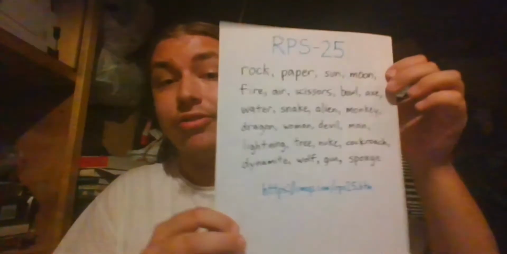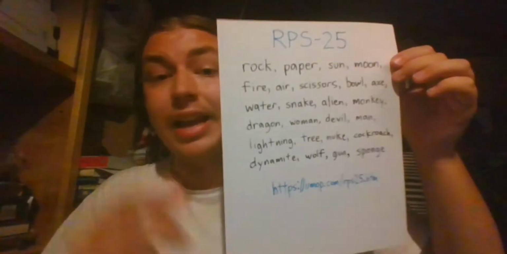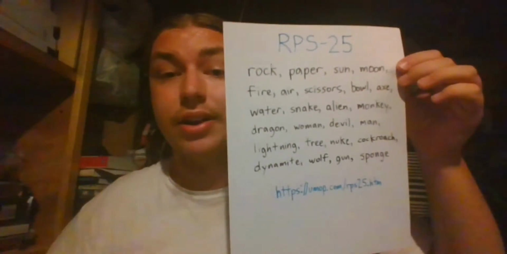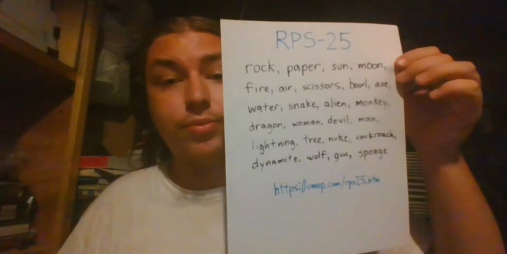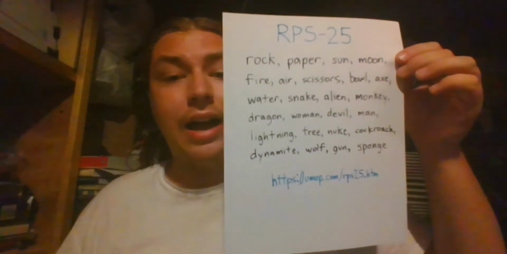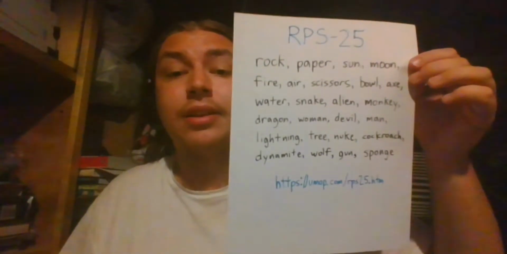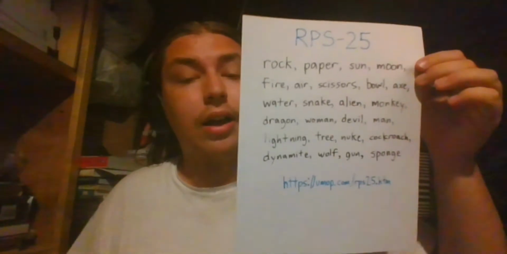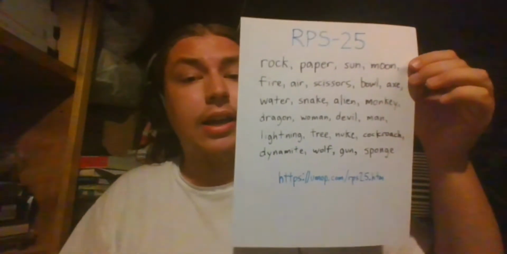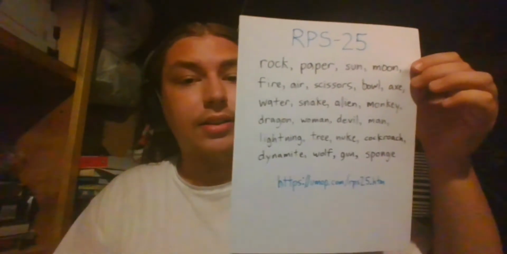And he also has a 25 symbol game. He has symbols for each of these. There's all the ones in the previous one, plus a nuke, a cockroach, dynamite, a bull, an alien, a monkey, an axe, the sun, the moon.